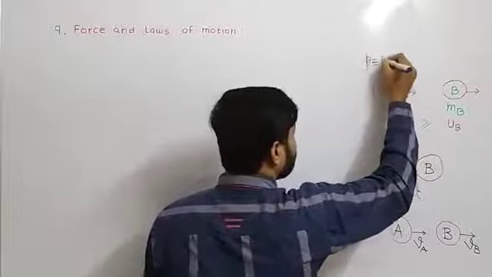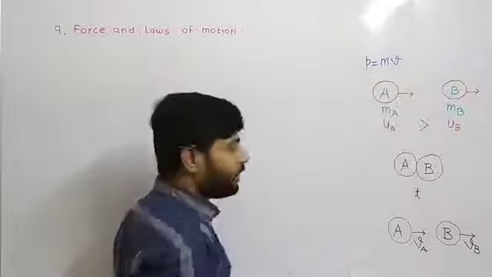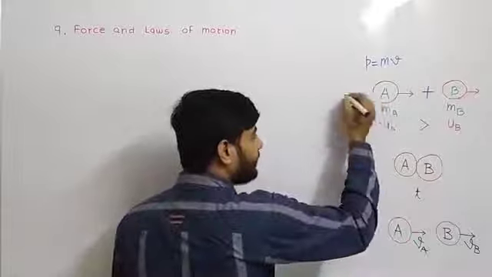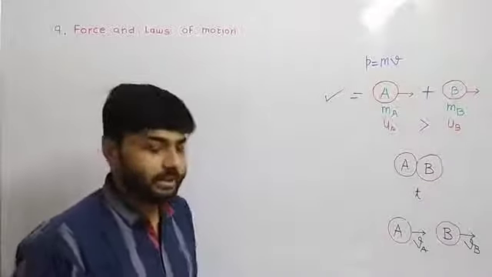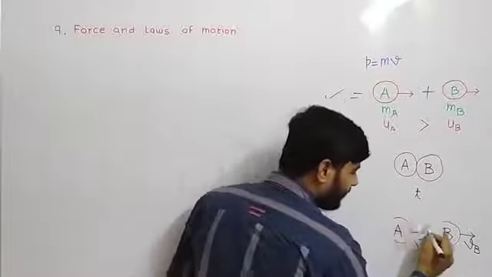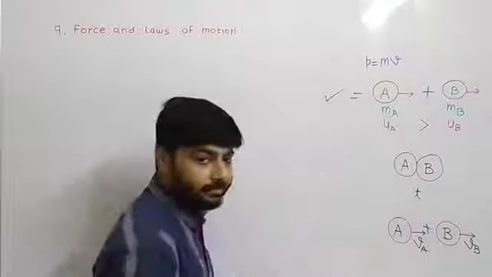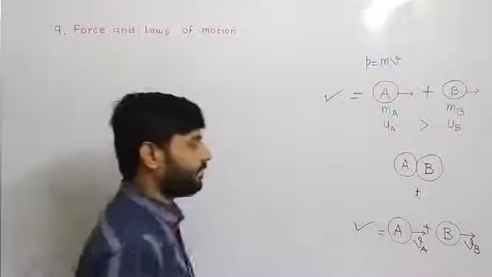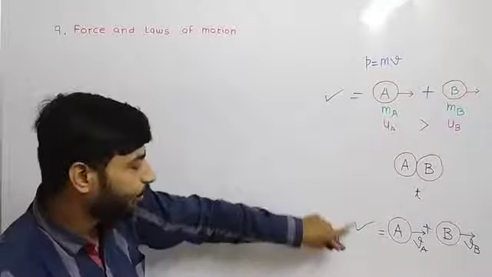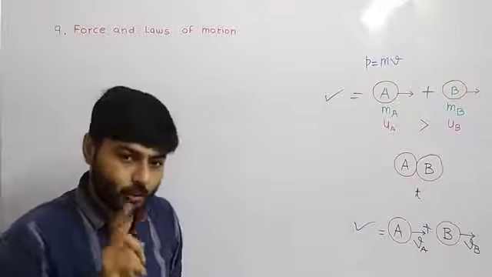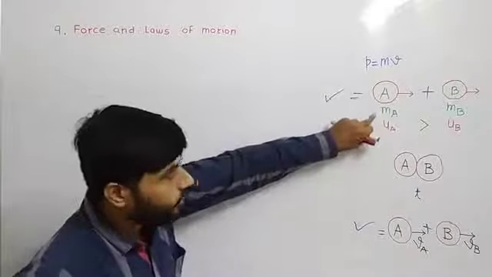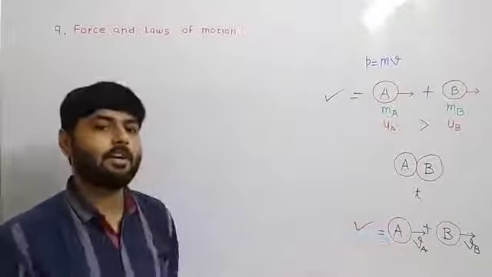Momentum P is equal to M into V. So momentum of this plus momentum of this gives some value before collision, and after collision I have some value of momentum here plus momentum of ball B. So the conservation of momentum says that both values will be equal: total momenta before collision and total momenta after collision.